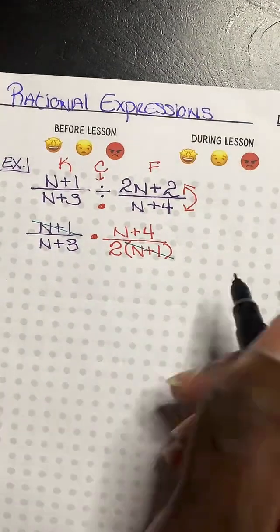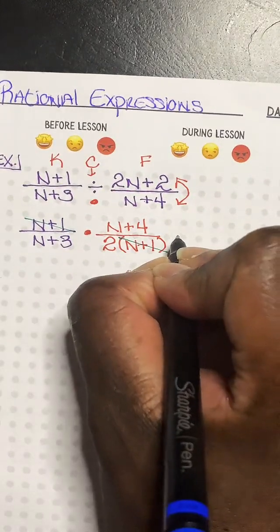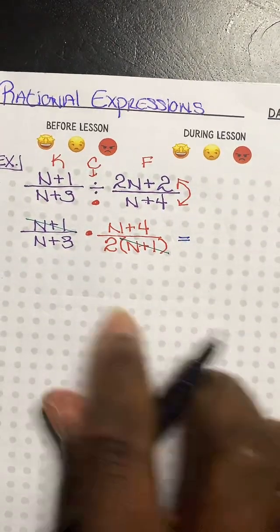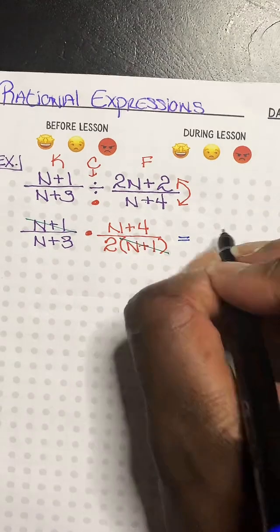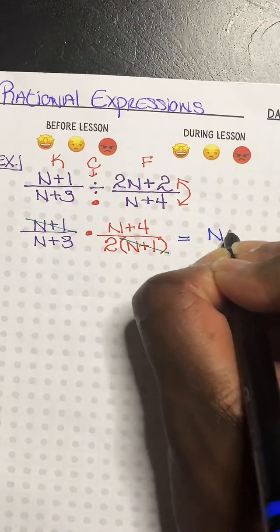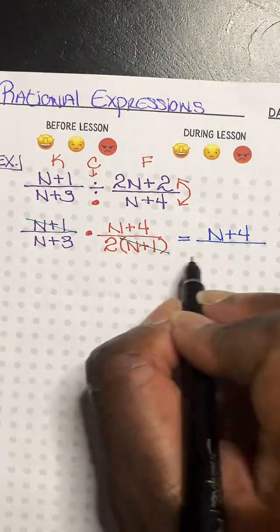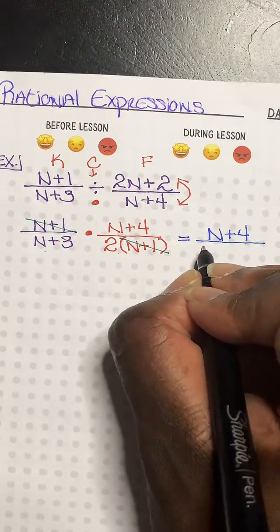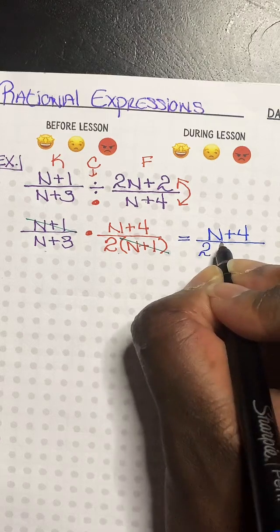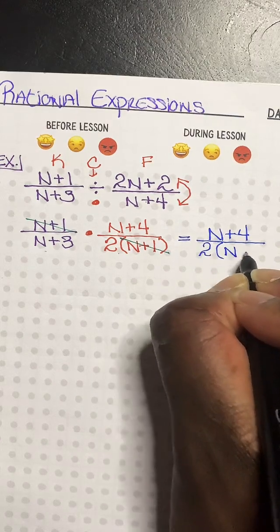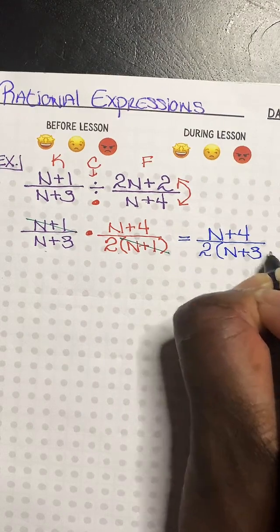All right? So now, let me put my answer over here just to save some room. The only thing that's left in the numerator is my n plus 4 over what's left in my denominator, which is a whole number of 2 and an expression n plus 3.